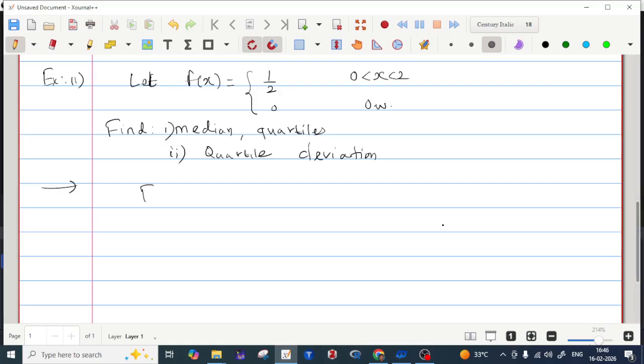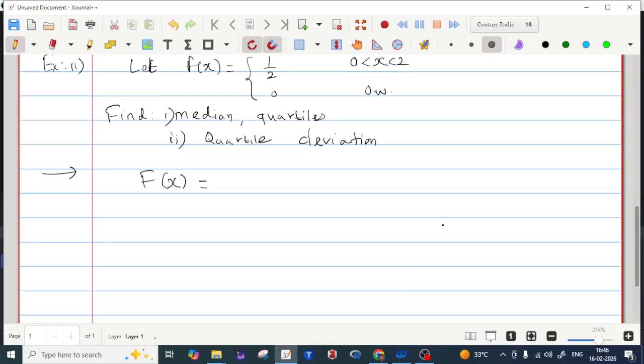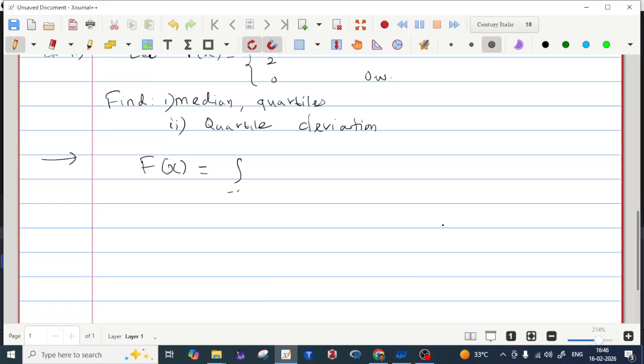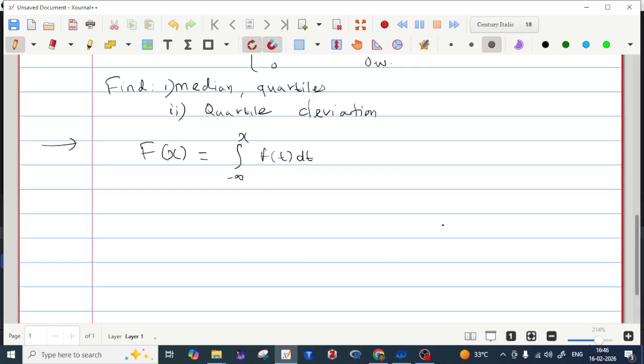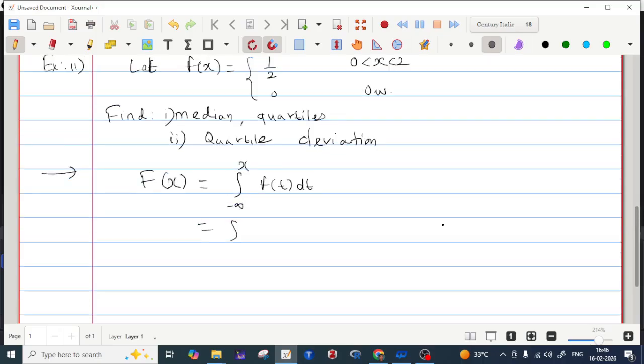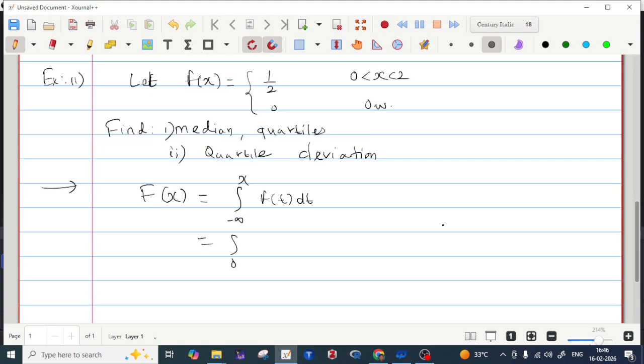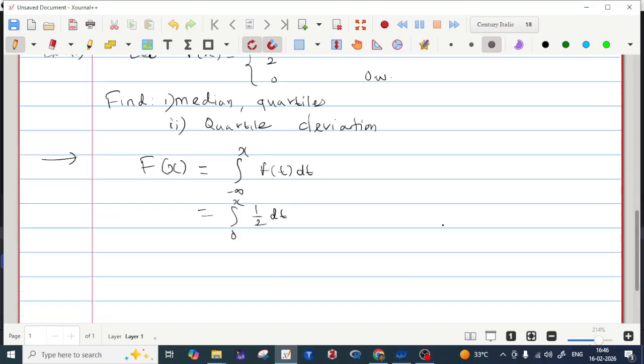So first of all, find out the distribution function capital F of x. Capital F of x is the integration from minus infinity to x of f of t dt. The lower limit here is 0, the upper limit is x, and f of t is 1 upon 2 dt. Solve this, taking 1 upon 2 outside.